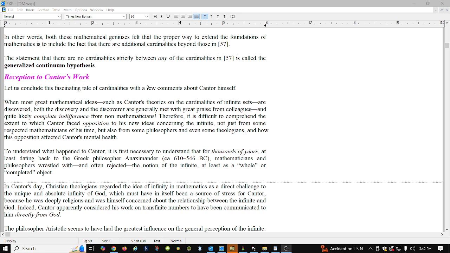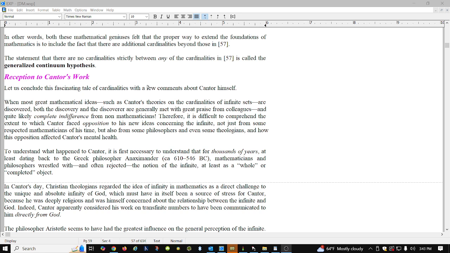Not just from some respected mathematicians like Leopold Kronecker, who was a very strong mathematician, but also from philosophers and some theologians. And it's also really kind of hard to comprehend how strong an effect that had on Cantor, on his mental stability.